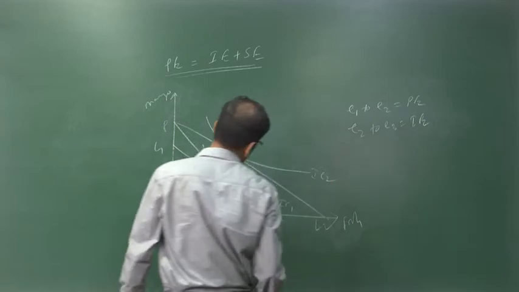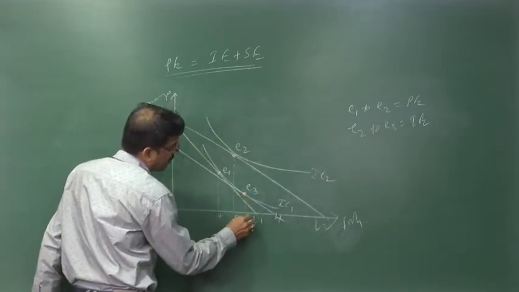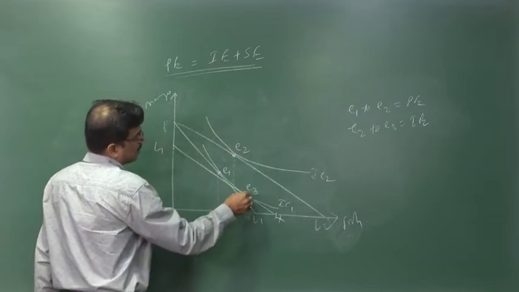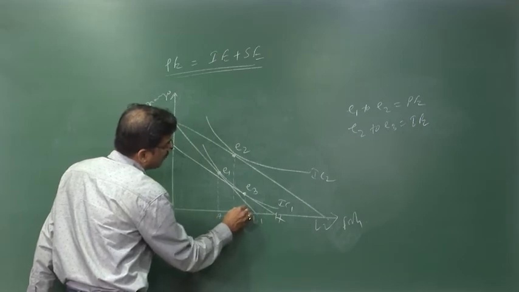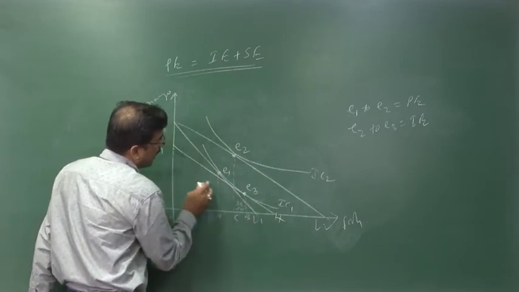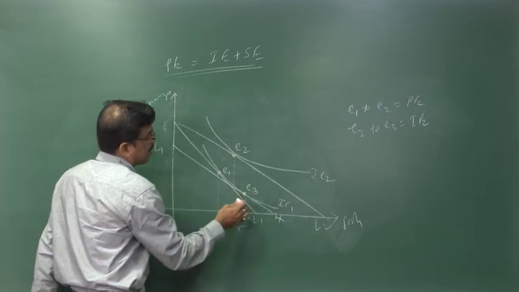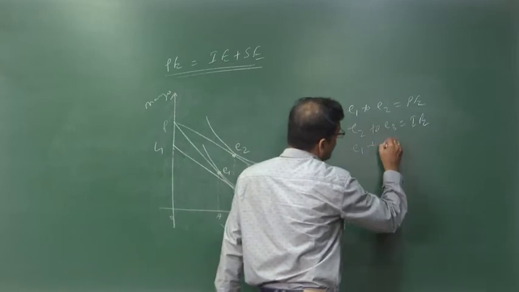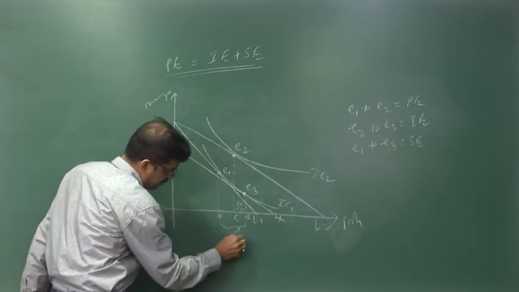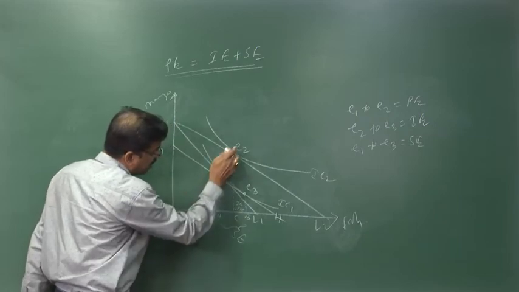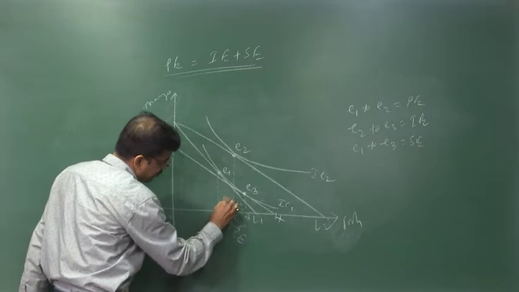Mark it here, the income effect comes down to here, this is the point B. And the whole movement E1 to E3 on the same indifference curve, that is your substitution effect. But E1 to E2 is your price effect.